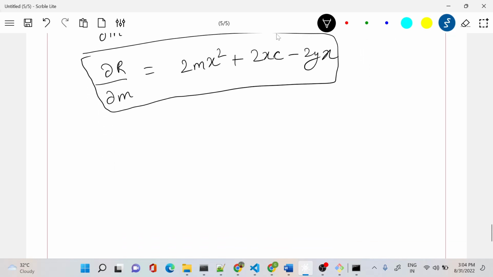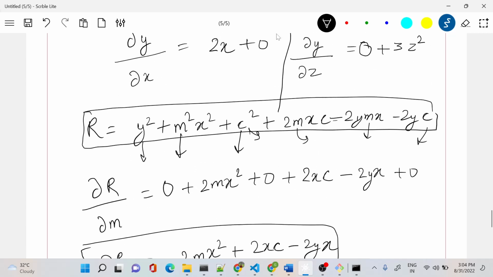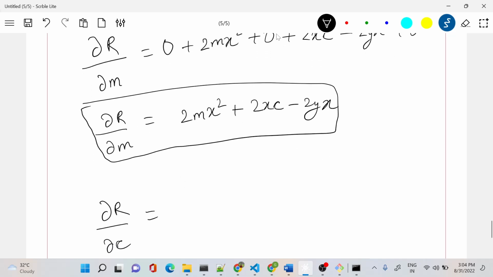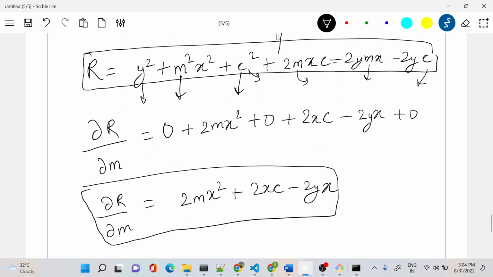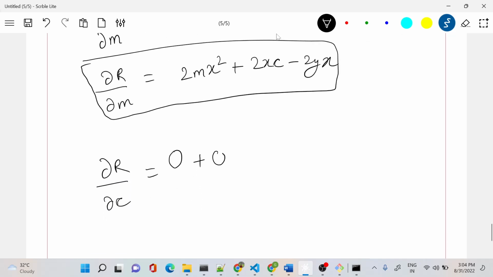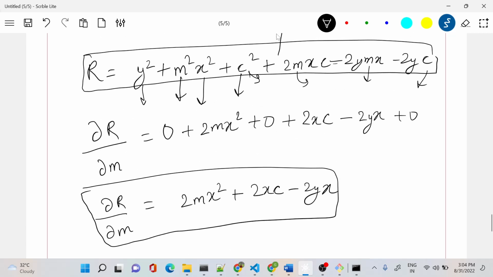And with respect to c, we find del R upon del c. Here in y square we do not have any c, so this turns out to be 0. In m square x square also we do not have any c term, so this is again 0. Plus 2c, because here we have c square.